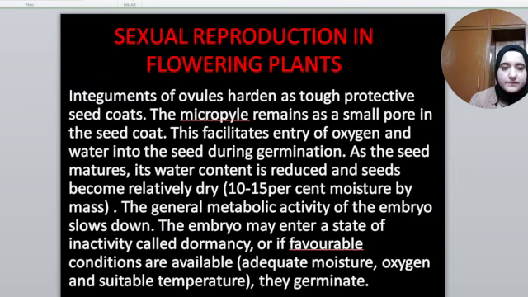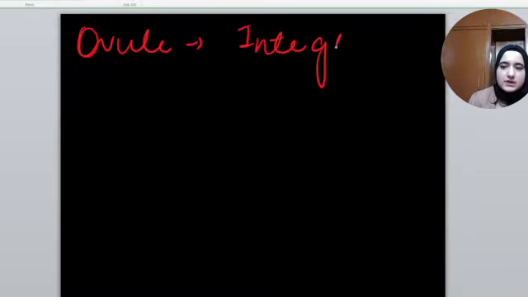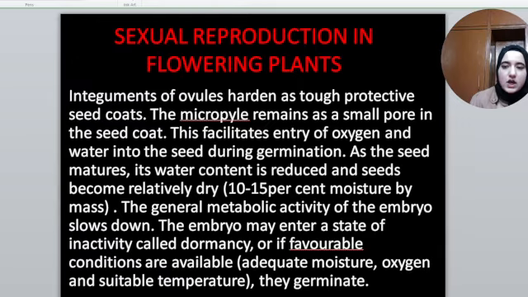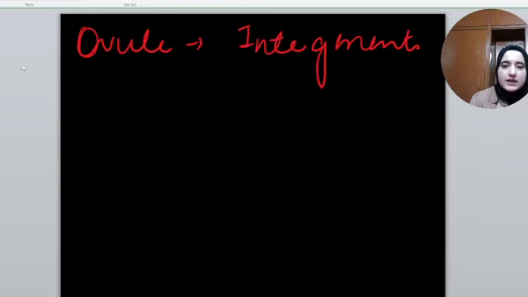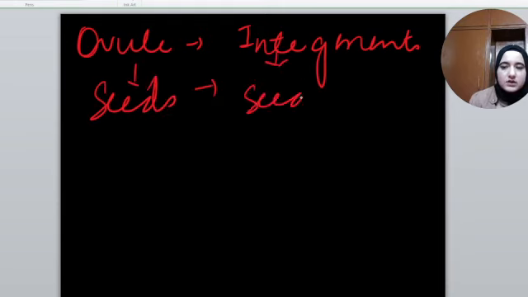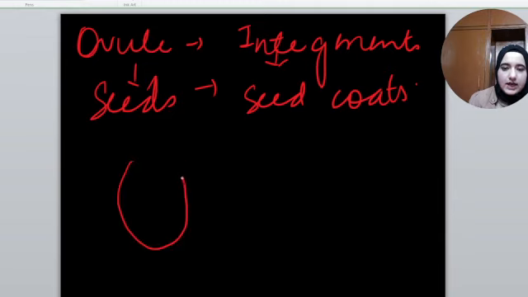Let's move forward. And we know the ovule has integuments, coverings, right? Since the ovule gets changed into seed, integuments will get converted into seed coats, right? And in the embryo sac structure, we had the micropyle, right?